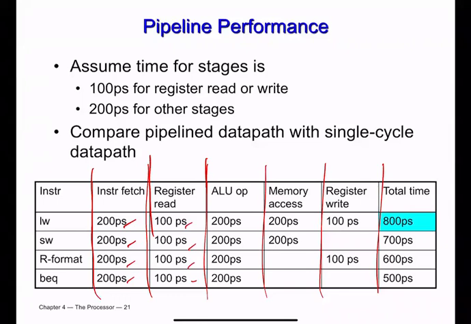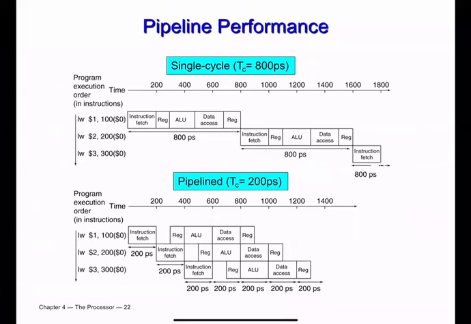And they are not wasting a lot of time in this particular case, because the maximum waste will be just 100 picoseconds. So accordingly, I will choose the clock period that way.